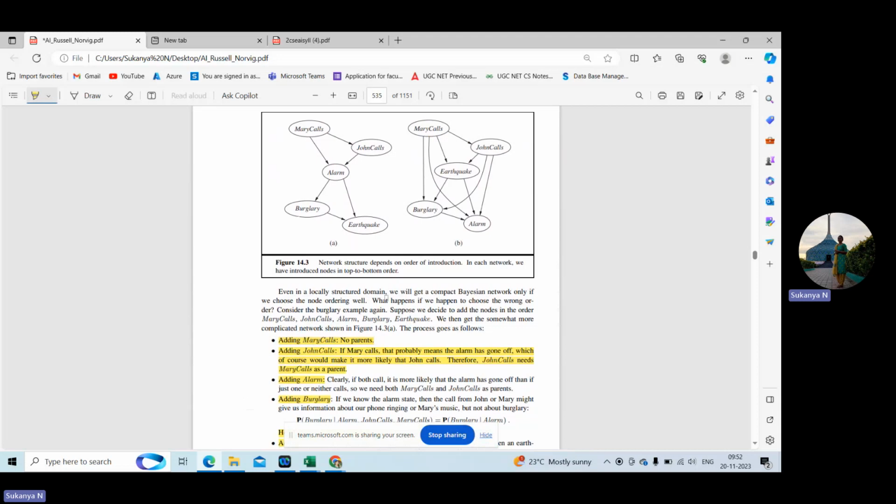subcomponents. Consider we have this example, right? Instead of this, if we decide to change the node order, here we have burglary and earthquake as the first nodes.